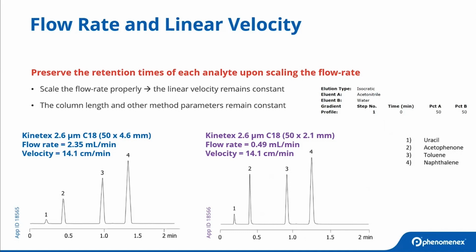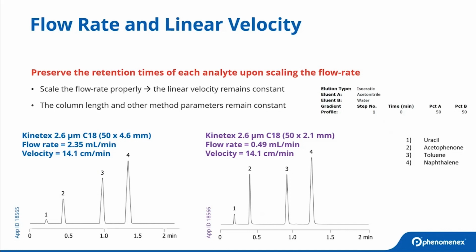We can actually take this a step further and take a look at the quality of the chromatograms here. That flow rate, 2.35, should strike you as a little odd for a 4.6 millimeter ID column, and it is odd. And what we actually see are some broad peaks, when we compare it with the 2.1 millimeter ID.